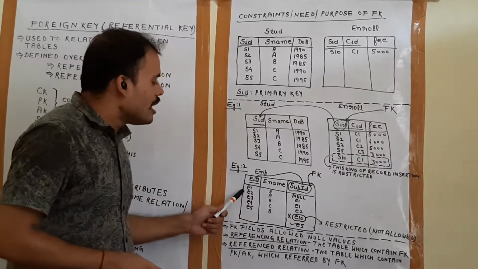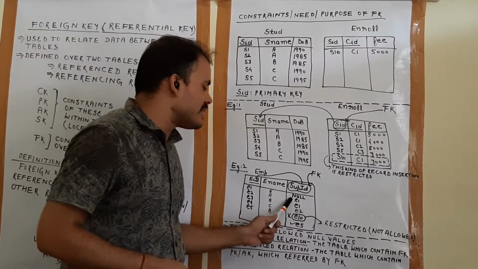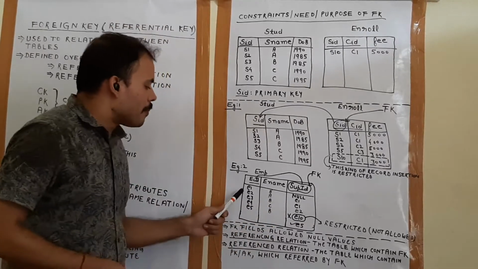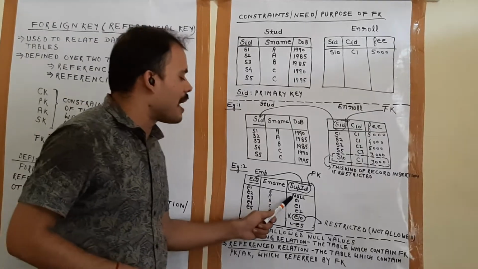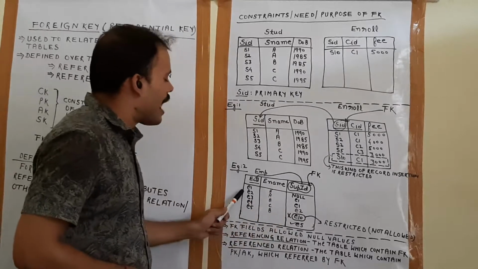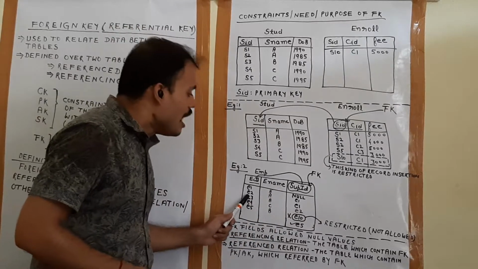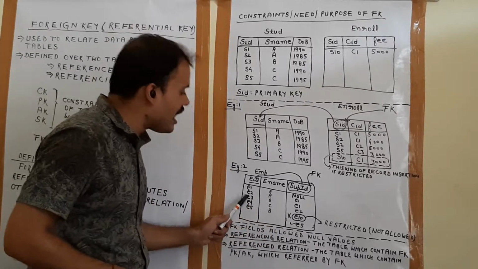And E2, whose employee name is A and supervisor ID is E1, means employee E2 is being supervised by employee E1. Employee E1 is the supervisor of employee E2. Employee E2 is the supervisor of employee E3.